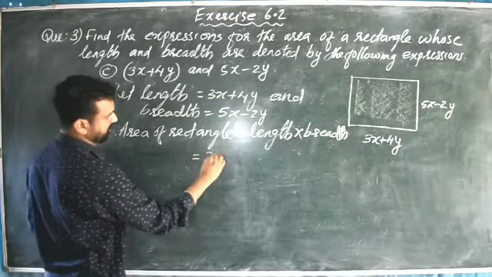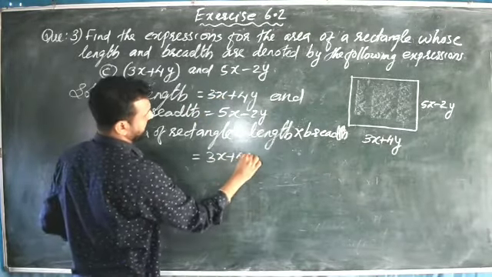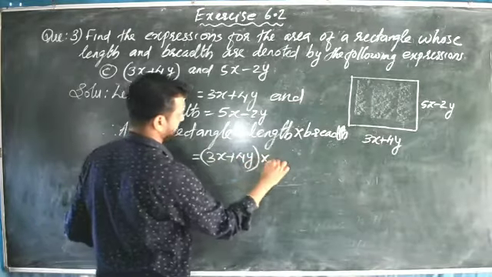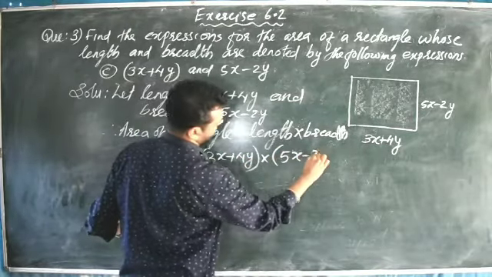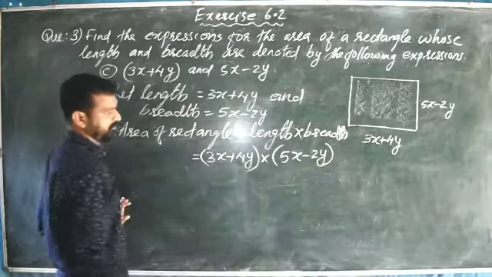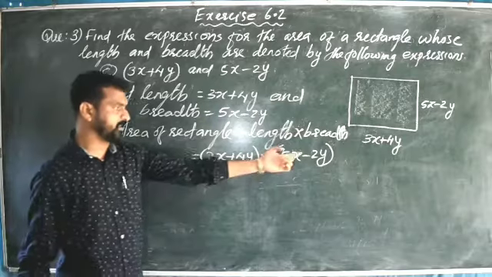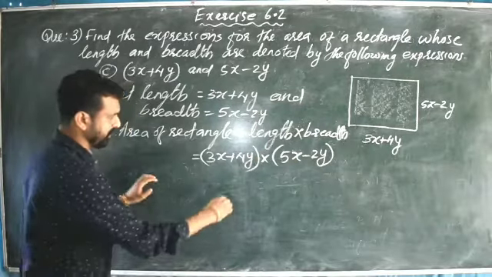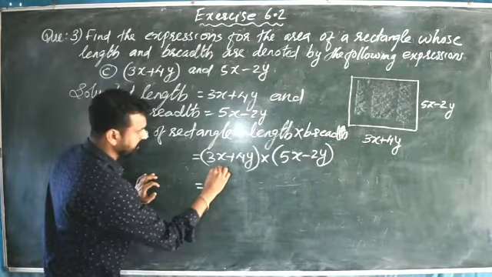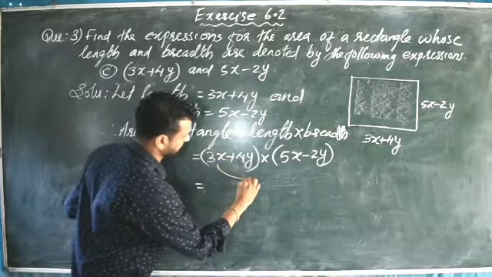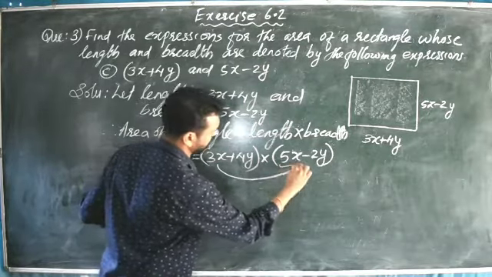Multiply that. That is equal to 3x plus 4y into 5x minus 2y. If it is a binomial, then you have to write inside the bracket, 3x plus 4y into 5x minus 2y. How can we multiply this? That is equal to first term of the first binomial into second binomial we will multiply.